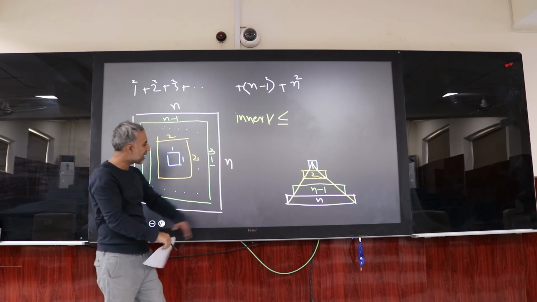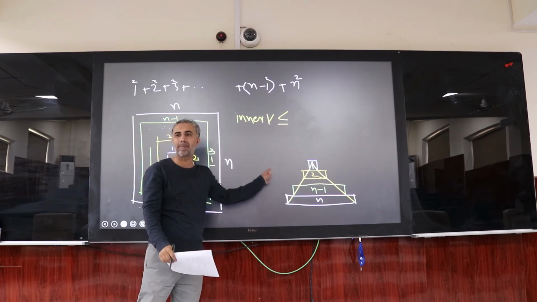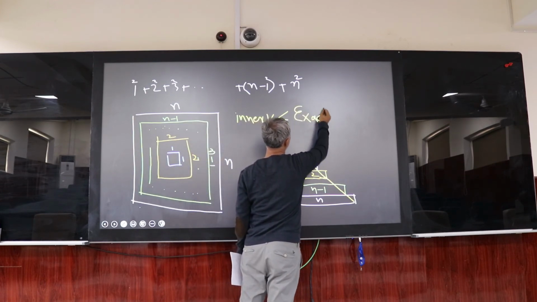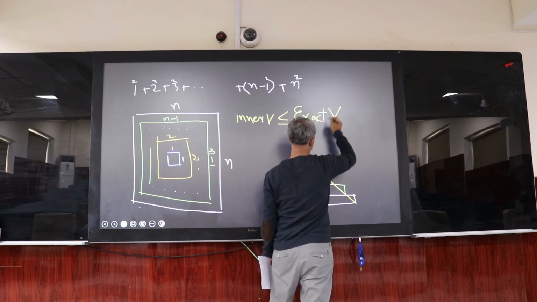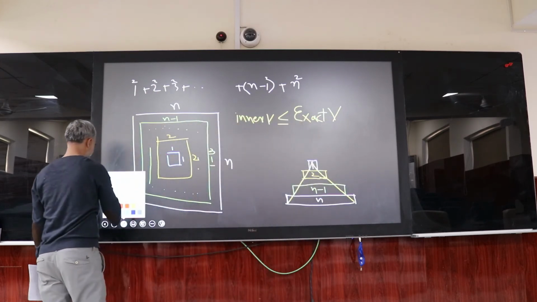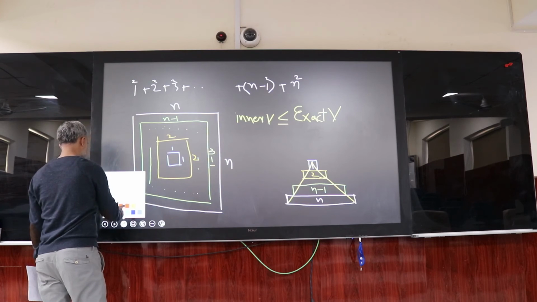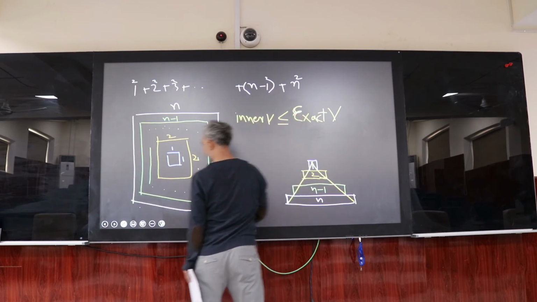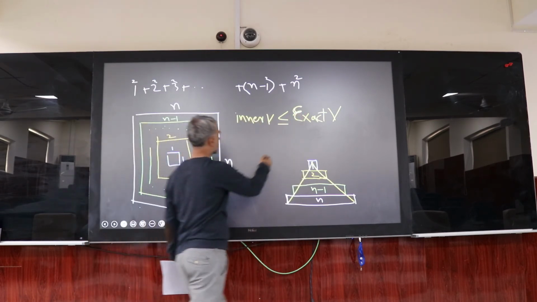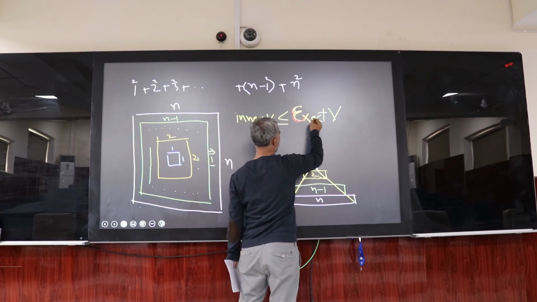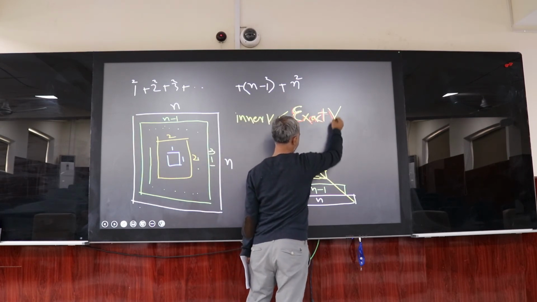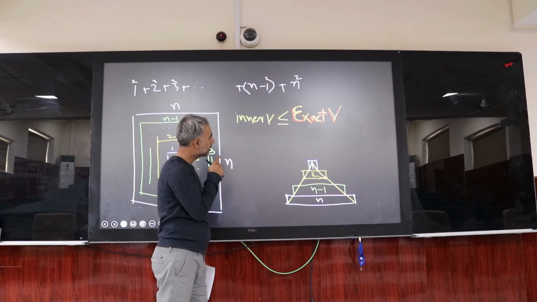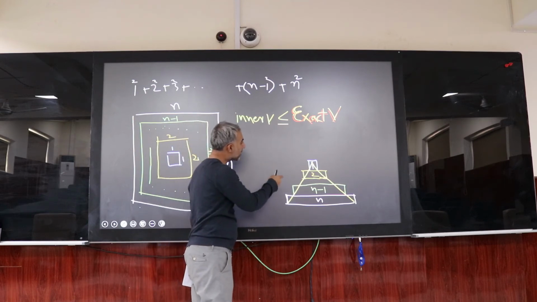The second one is the exact arrangement of the blocks, the zigzag pattern, the exact volume. The other one is the outer volume.